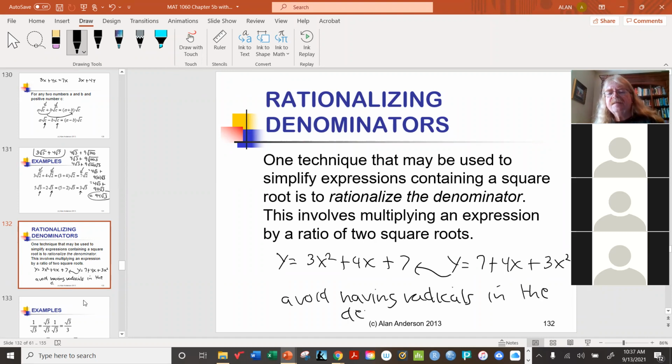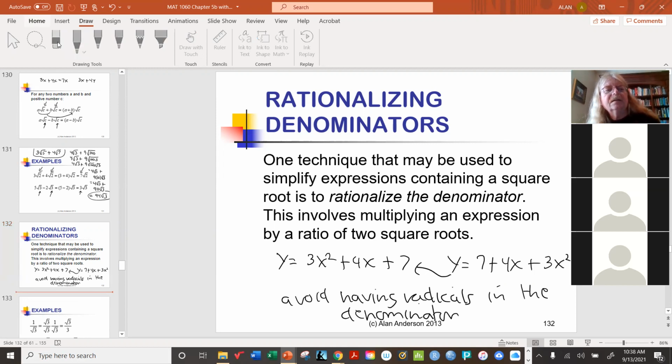And again, it's not that what we have is incorrect if we have a radical in the denominator, but if we get it out of there, it's often easier to see what kind of operations we can perform in them. So it's not just because it looks nicer, but because it can often help us notice other simplifications that we can use. Now, what we're going to do is this. Just a quick reminder.